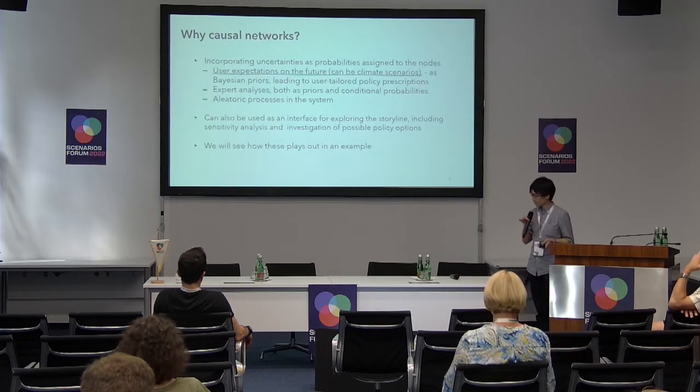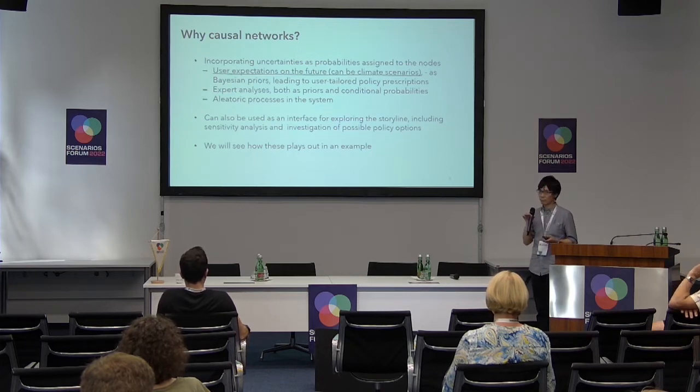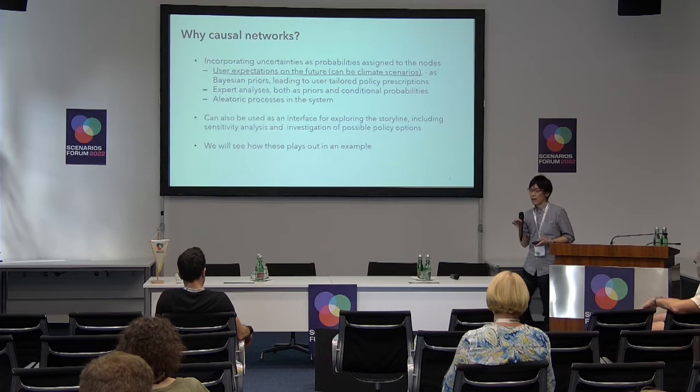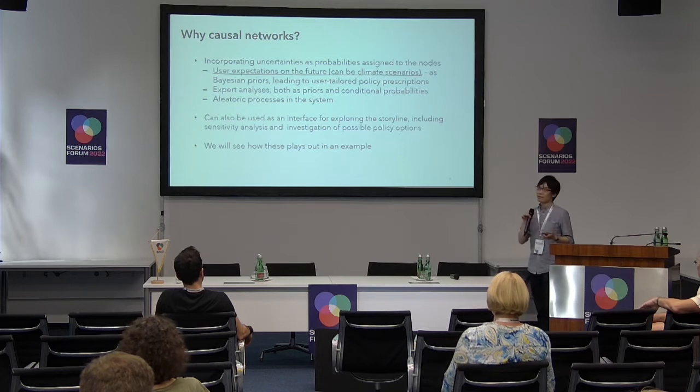Going a bit deeper into why we want to use causal networks, what we could gain from this. The main point is that it allows us to incorporate the uncertainties of the climate storyline as probabilities of the causal network. These uncertainties could be aleatoric processes within the climate storyline, but they could also be epistemic uncertainties, what we don't know about the storyline.